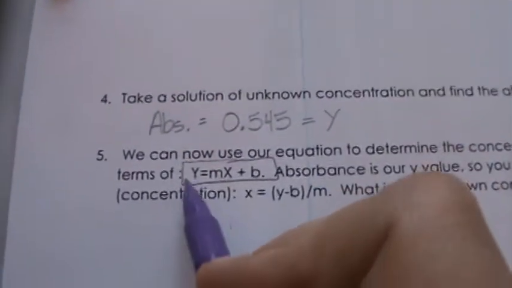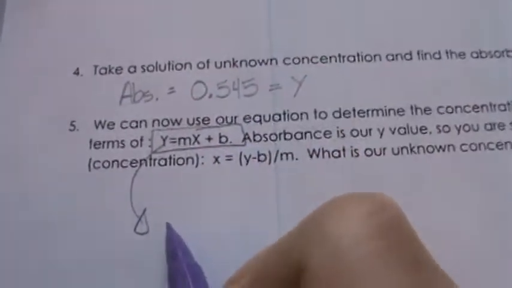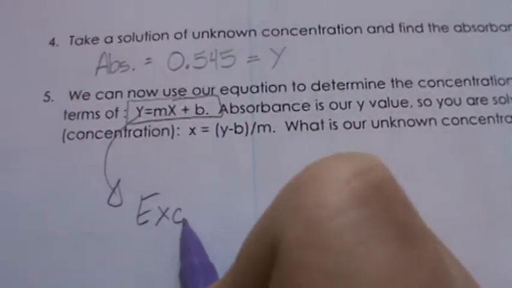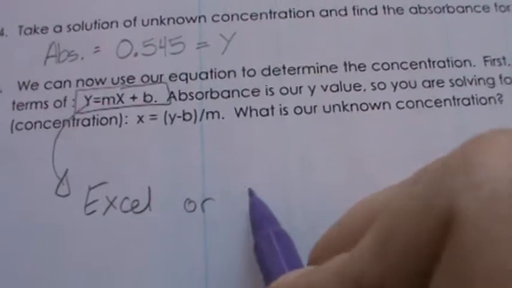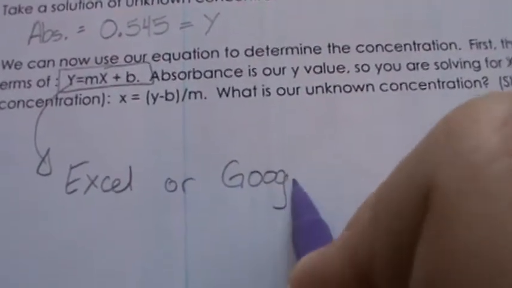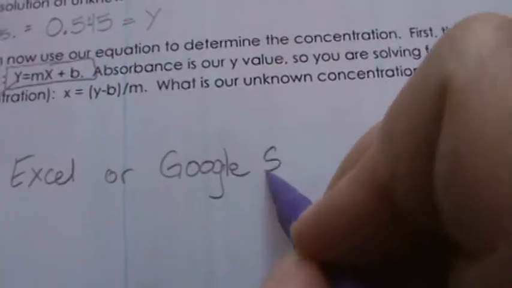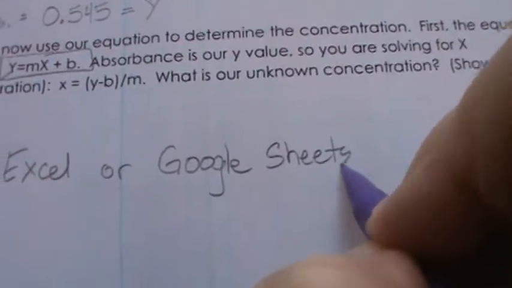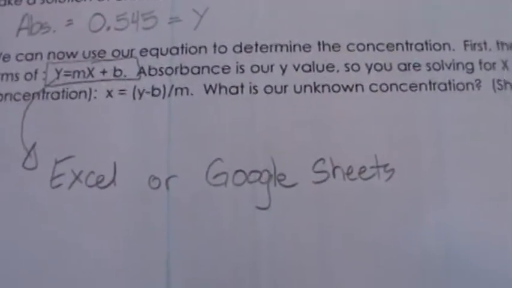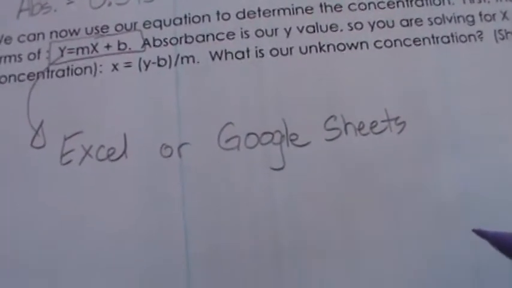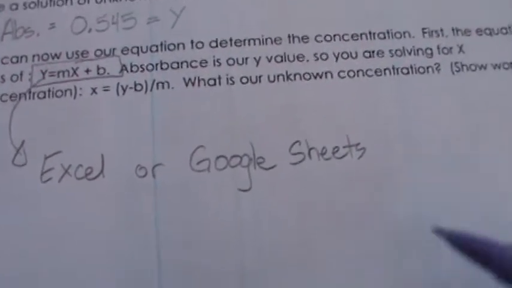And then down here, you need to use this equation that you get from either Excel or Google Sheets. You don't have to use these 2 programs. You can use any graphing program that gets you a trend line. I just want to see the graph and the trend line.